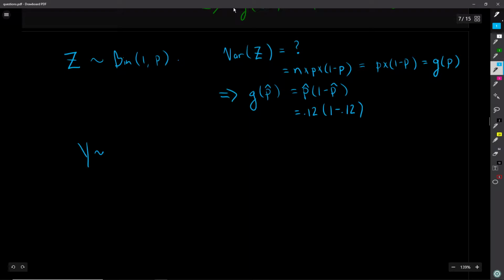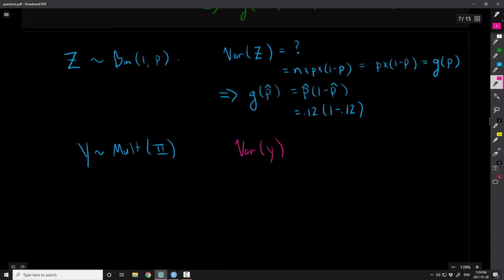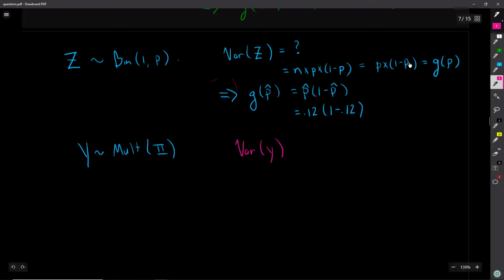Well, y we know is our multinomial indexed by this pi parameter here. And so the variance of y might be slightly harder to pull from memory. The way that we're actually thinking about our realizations of yi is not directly the way we would normally think about the multinomial, right?